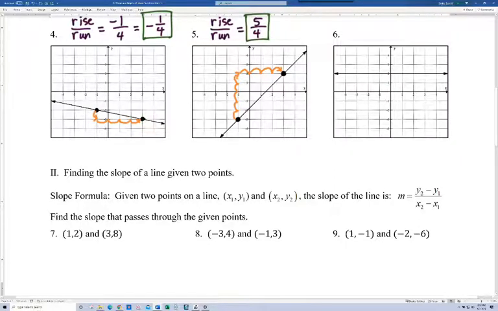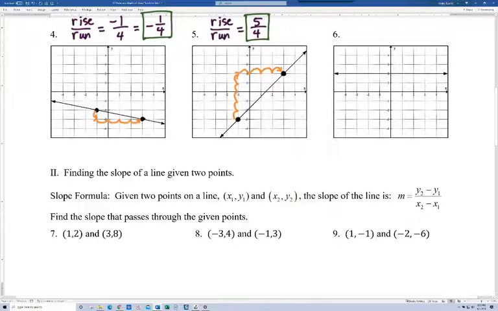Now I just wanted to mention, you'll notice I'm using these little bumps to show you how I'm getting to my second point. But normally I just count how many squares I go, or how many units, but you don't have to make these little marks, but for some people they're helpful, so I like to use them.